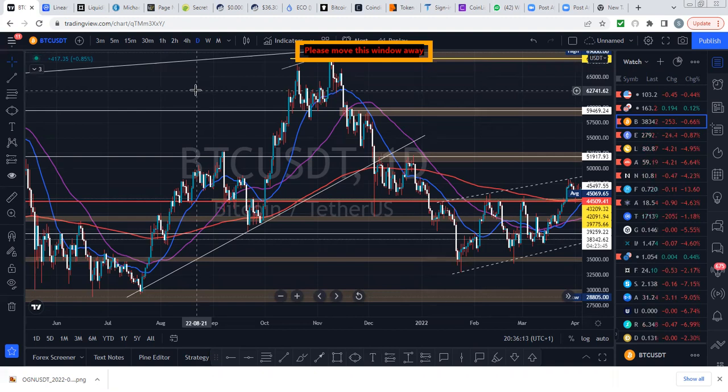These lengths can be applied to any chart time frame.